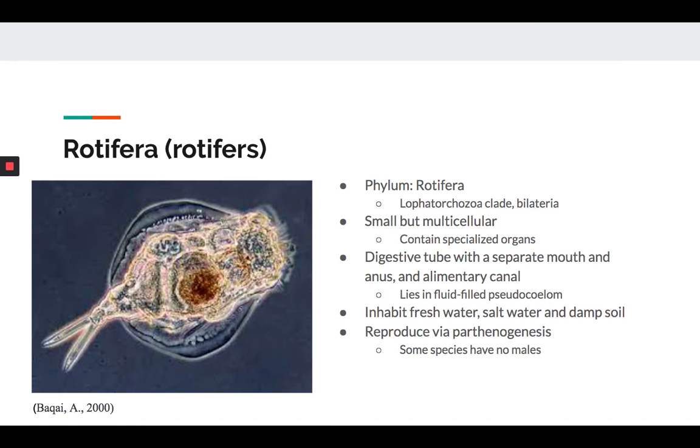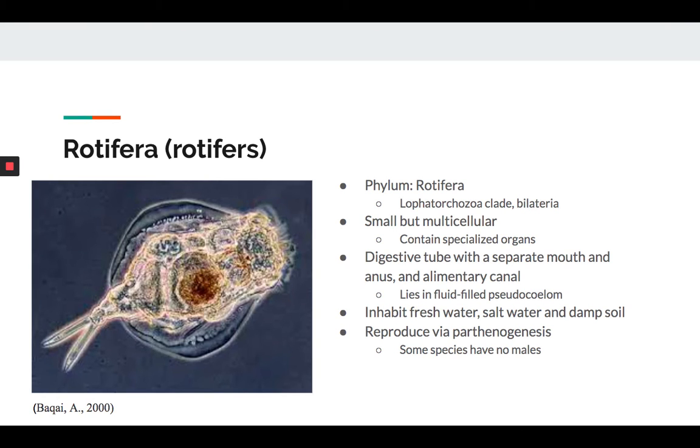The phylum Rotifera has rotifers, tiny animals that are seen in pond water, the ocean, or damp soil. These animals are multicellular and have specialized organ systems, yet are smaller than most protists. Rotifers are able to reproduce via parthenogenesis, where females can reproduce without a male fertilizing the eggs.